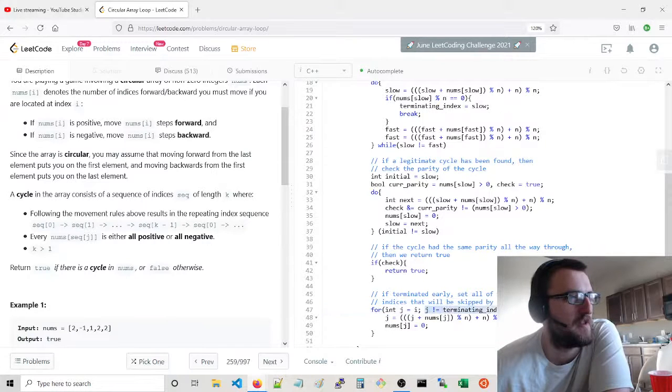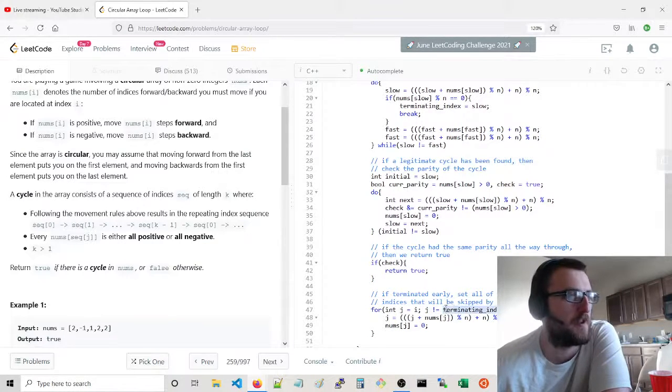Whoops. Uh-oh. But actually, and it's not equal to 0 means that if this is equal to 0 and this is false, it doesn't matter if this loops forever.